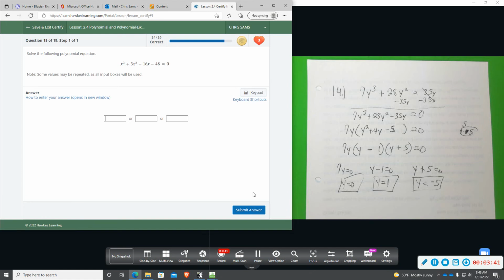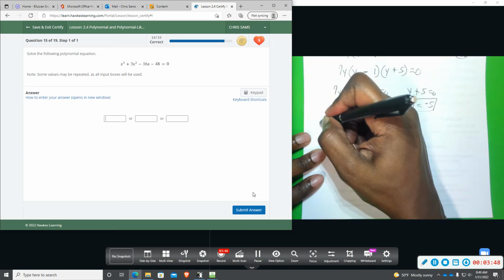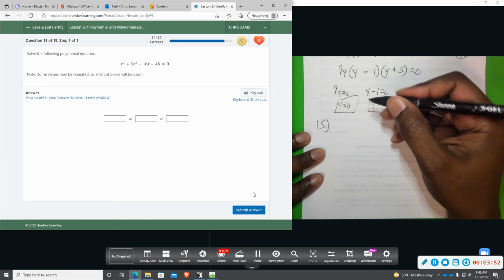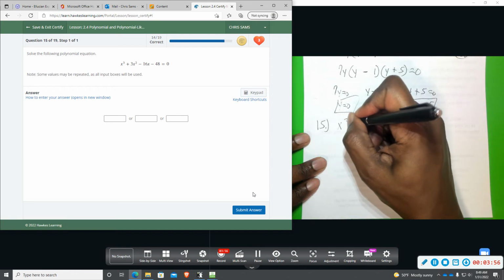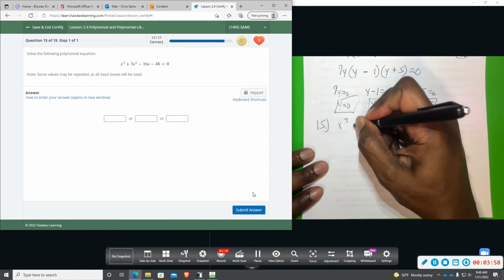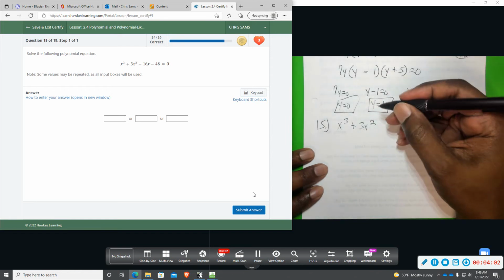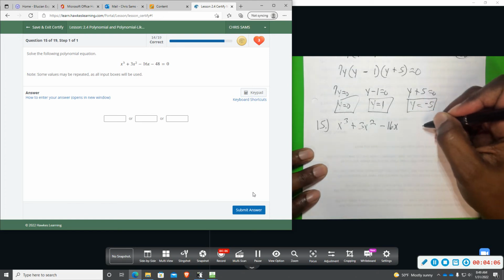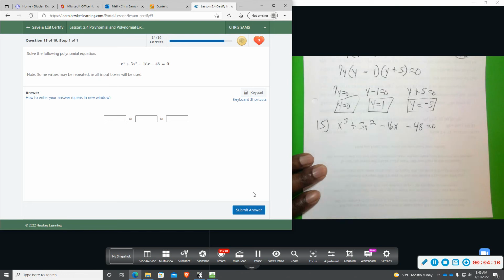Okay, so number 15. Now this one has 4 terms, so this is going to be a little bit different. x cubed plus 3x squared minus 16x minus 48 equals 0.